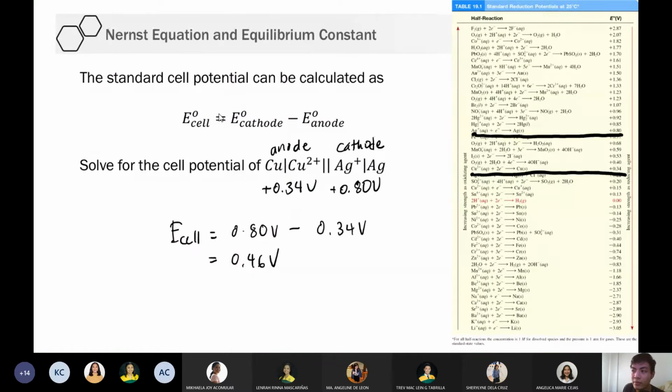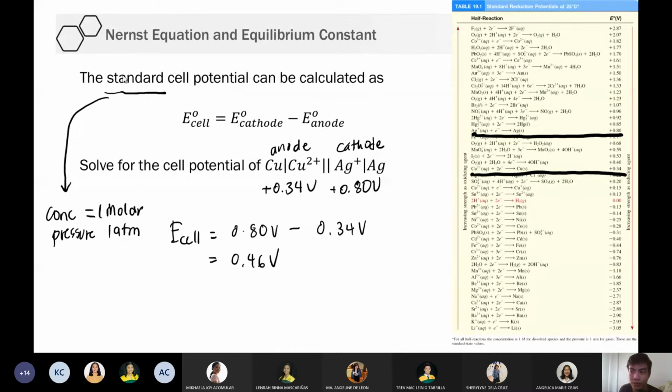That's not magic chemistry. By the way, what is a standard potential? What is the meaning of standard? Is it titration? Not really. When we say standard in electrochemistry, we assume that the concentration is 1 molar and the pressure is 1 atm.